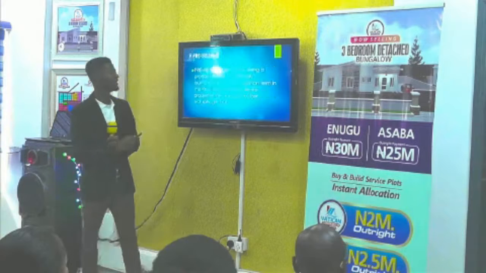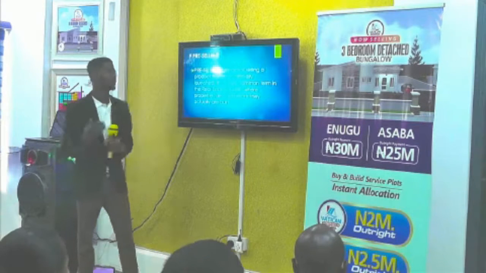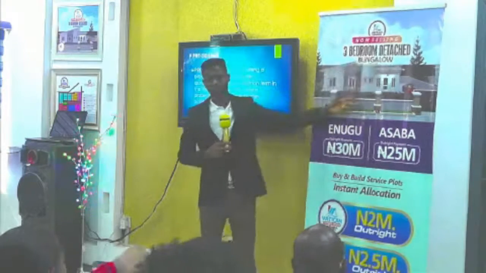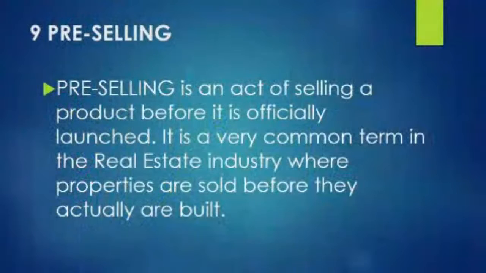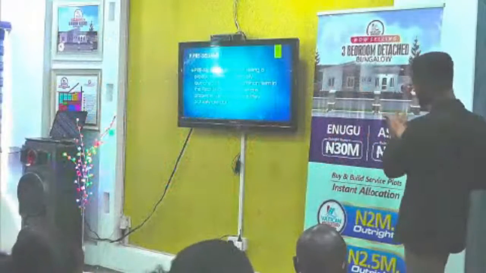And then, look at this one. It's called pre-selling. Pre-selling is what we are doing here with our bungalows. People are making orders for this. Once you make your order and give us an initial deposit, we'll start building. Pre-selling.